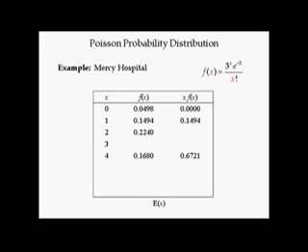Evaluating the Poisson probability distribution function at x equal 2 yields f of 2 equal to 0.2240. Multiplying this probability by x equal 2 yields 0.4481. Evaluating at x equal 3 yields f of 3 equal to 0.2240. Multiplying this probability by x equal 3 yields 0.6721.